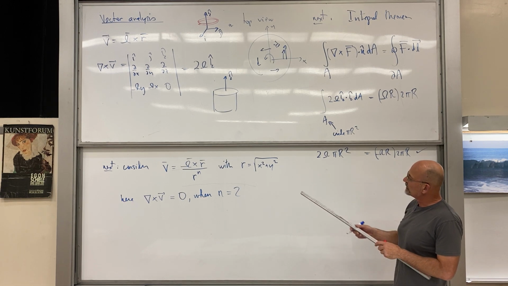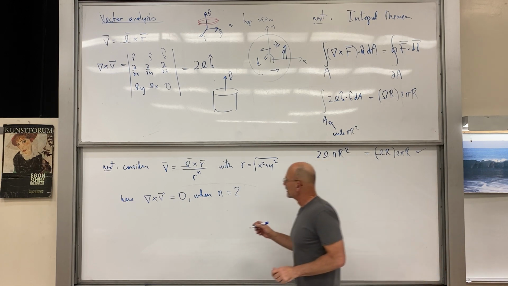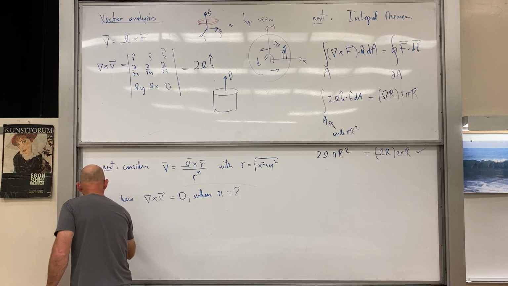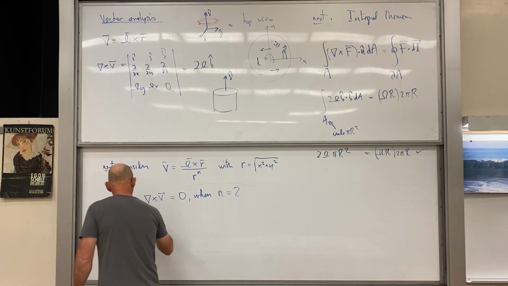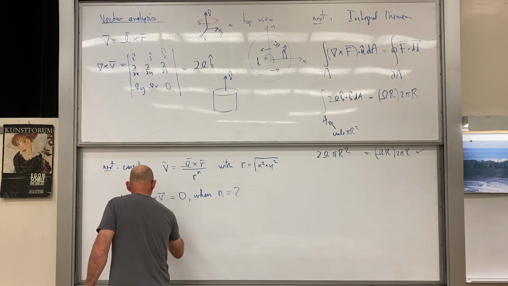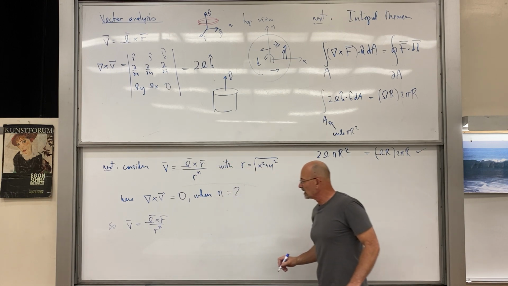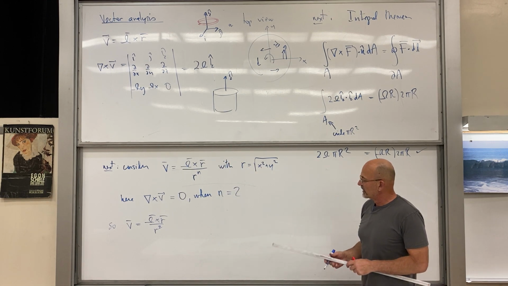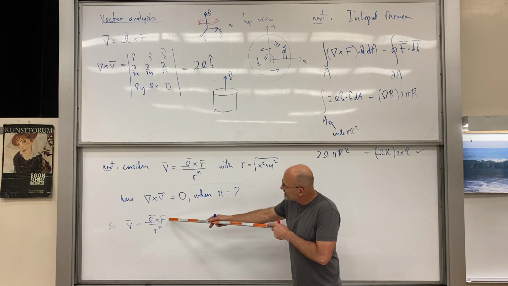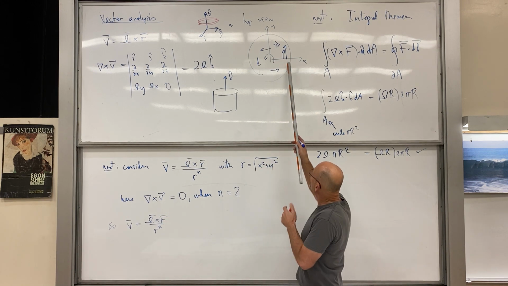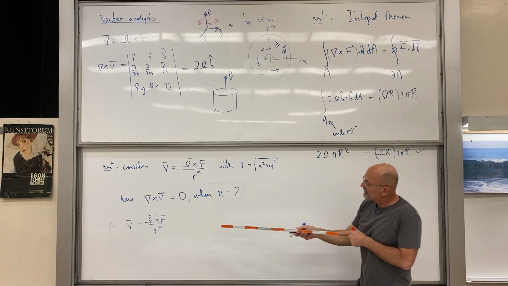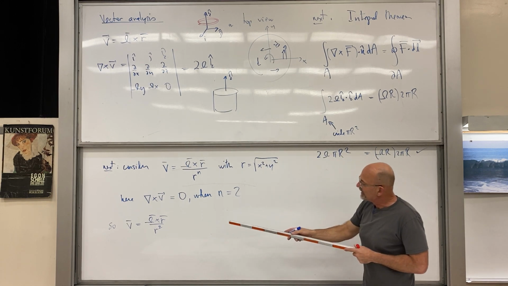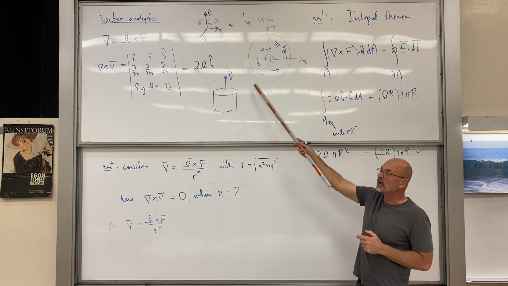So what you can do is take this here. We've got V equals omega cross r over r squared. And you can see that it's the same type of circulation, except that because it's divided by r squared, it's getting weaker as 1 over r.